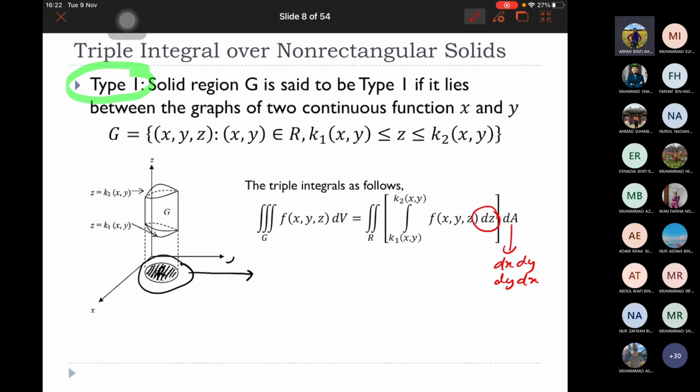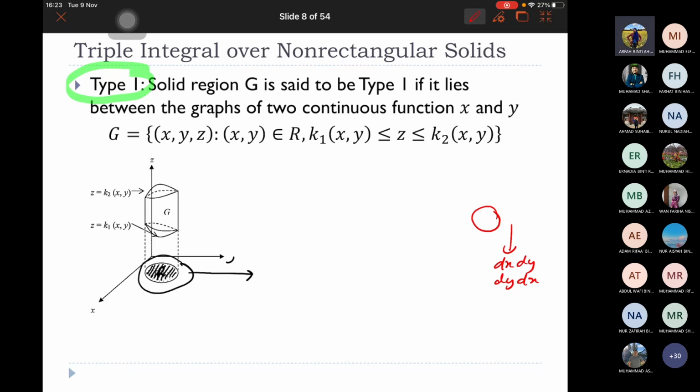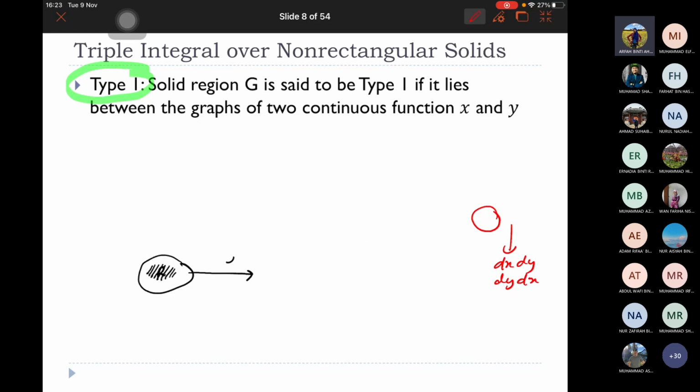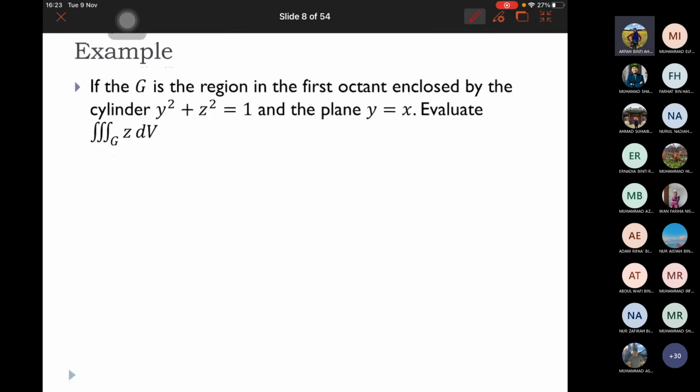So let's take a look at an example in here. So tengok example, let's say kita ada this example.